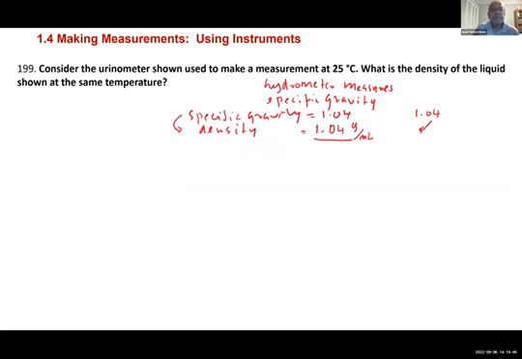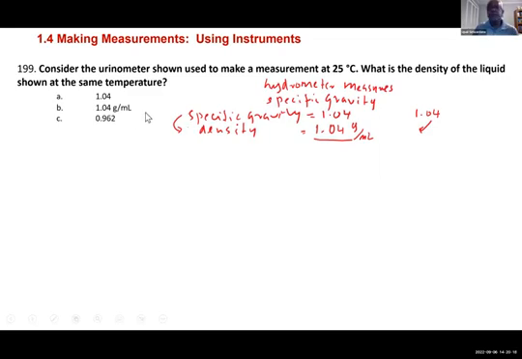Consider the urinometer. That picture didn't show up. It shows 1.04. So the urinometer measures specific gravity. You put a cube in there, you get the reading 1.04 right here. The picture should be in my question.